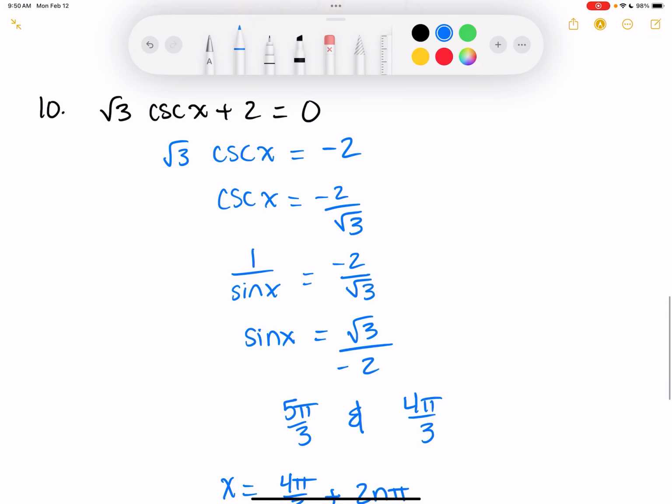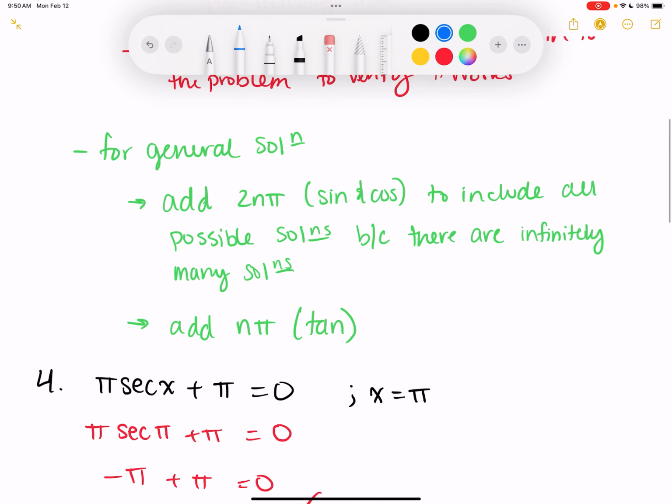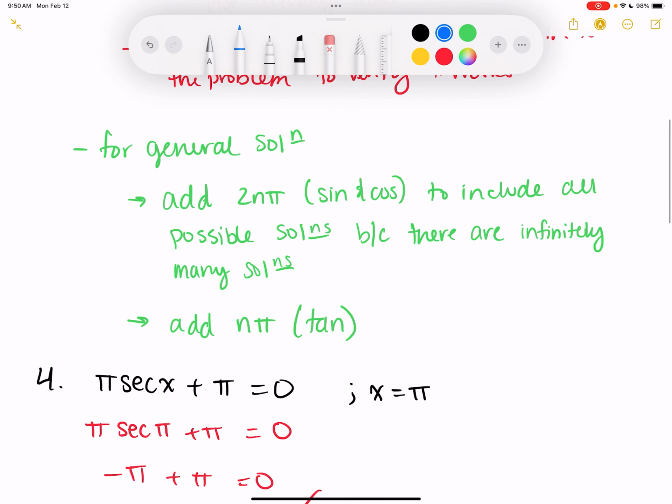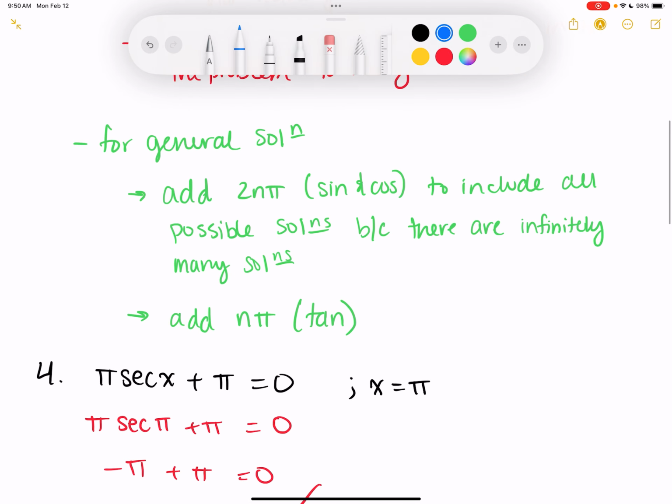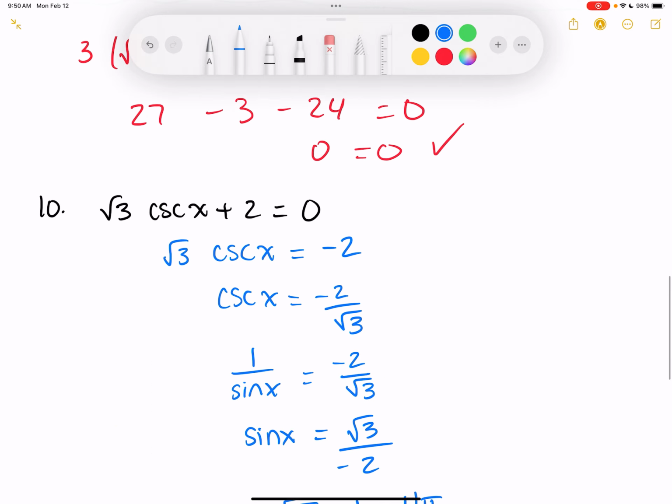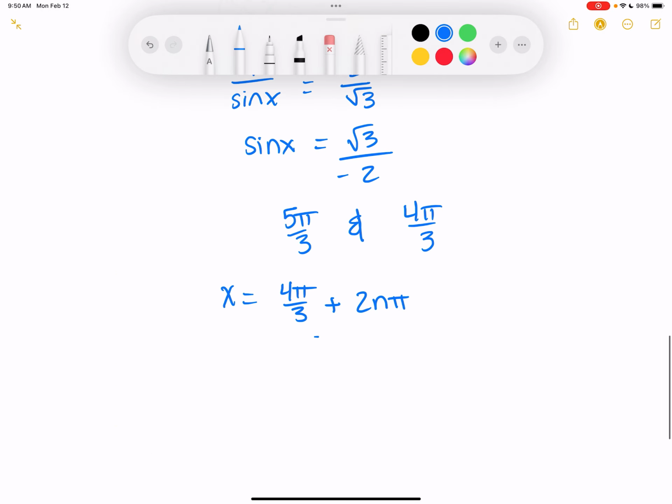Now you're probably like, well, we only wrote that it was 2n pi for sine and cosine, but they're related, right? So this is also for cosecant and secant, and also for cotangent. So for the general solution, we add 2n pi, and x is also equal to 5 pi over 3 plus 2n pi.